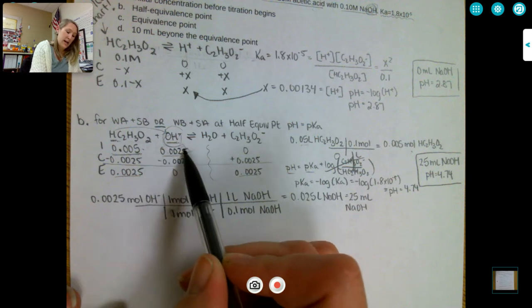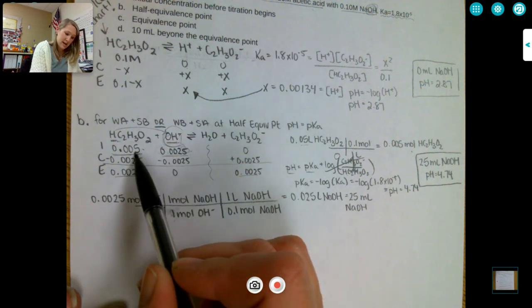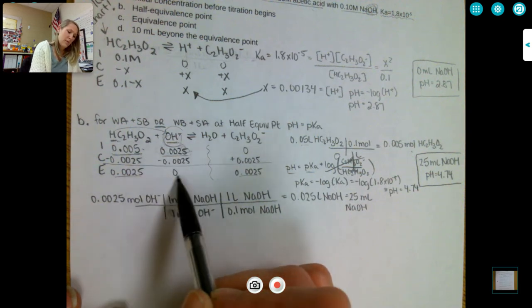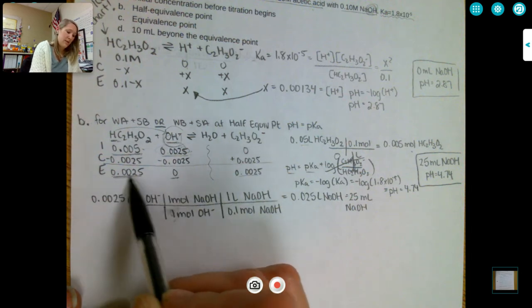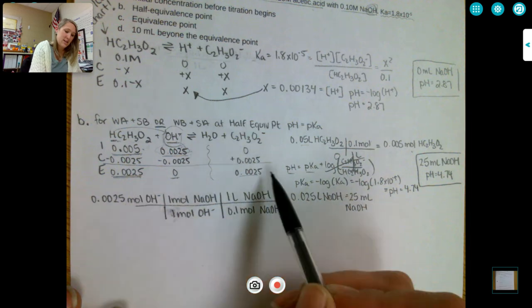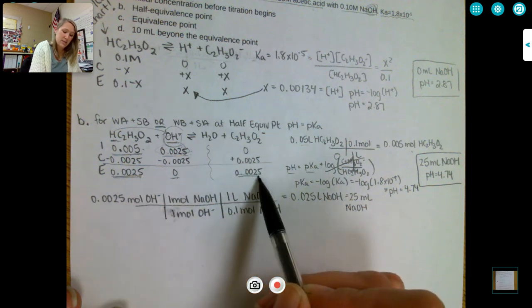All of those hydroxide ions will react with my acid. And so I'm left with no hydroxide ions, but I have leftover moles of acid and its conjugate base, because it's lost that acidic hydrogen.